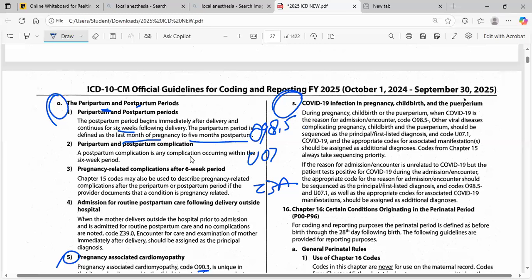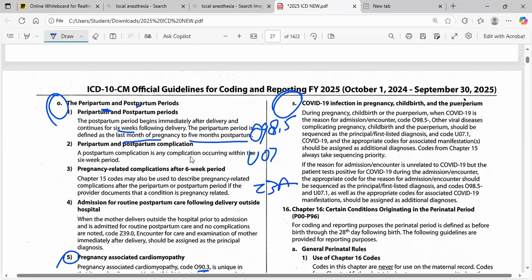Any complication occurring during the peripartum or postpartum period, we are going to look at with the O94 series or peripartum and postpartum codes. We are not going to use a code from a different section.